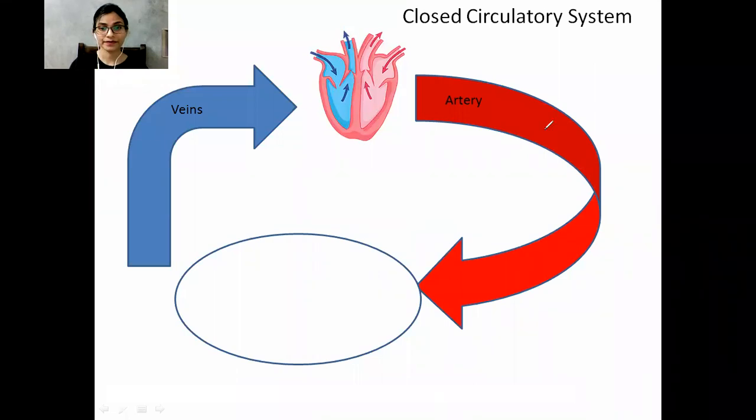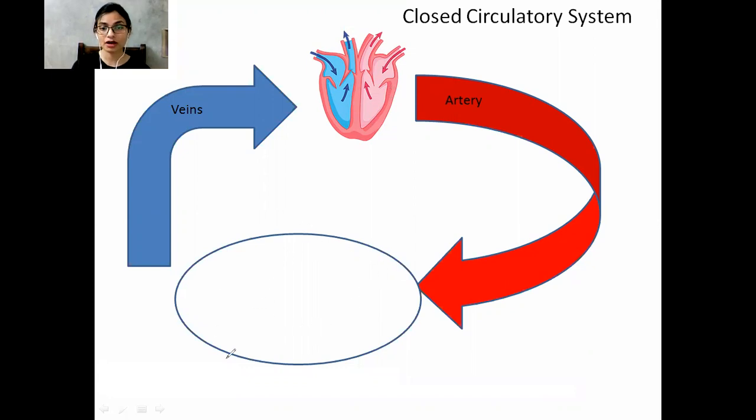Over here we have a very simple diagram of the heart. We have the left atrium, then the left ventricle. From the left ventricle, the oxygenated blood pumps into the artery, and then it enters the organ.